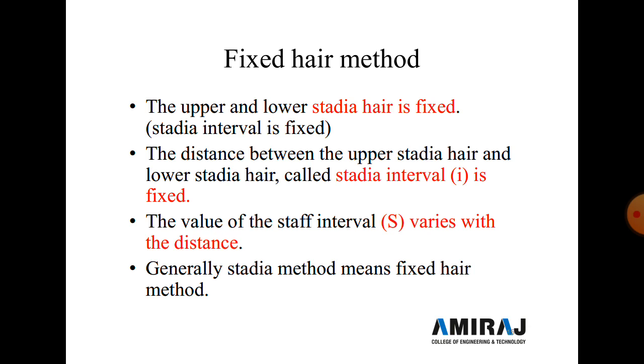Now the second method is the fixed hair method. In the fixed hair method, the upper and lower stadia hairs are fixed. So the main difference is that the stadia hair is fixed. The distance between the upper stadia hair and lower stadia hair is known as the stadia interval I. So here the upper and lower crosshairs are fixed, so this fixed distance is known as I, and the value of the staff intercept S varies with distance.